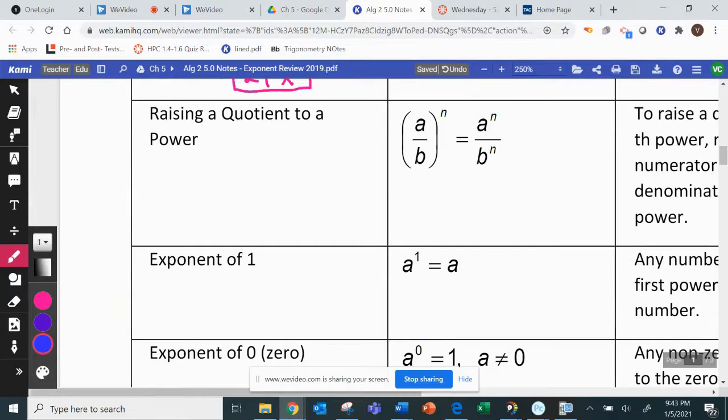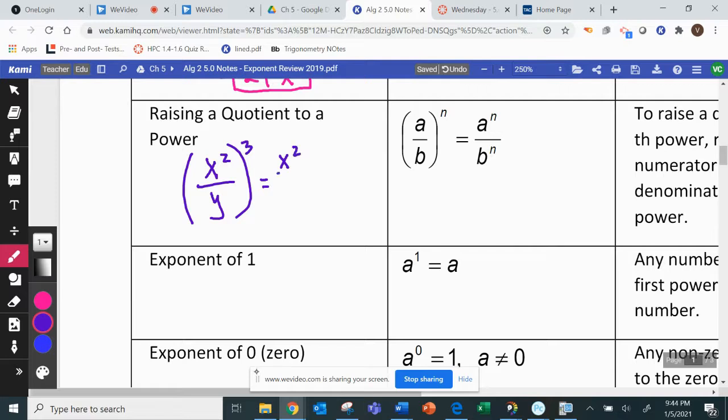Raising a quotient to a power. So this one is a lot like the one right above it. Let me make some things up here. Let's do, I don't know, x squared over y to the third power. I'm trying to keep the numbers small so I don't have to write a bunch of stuff.